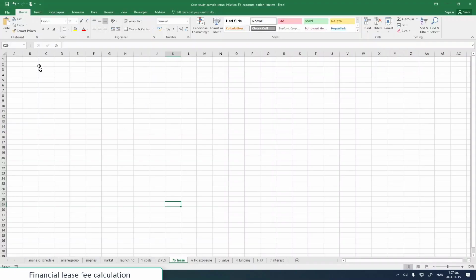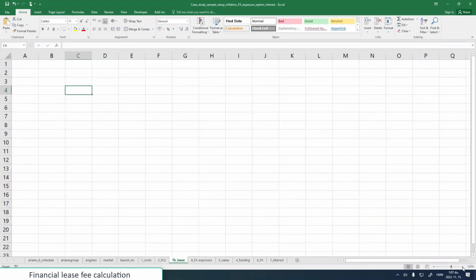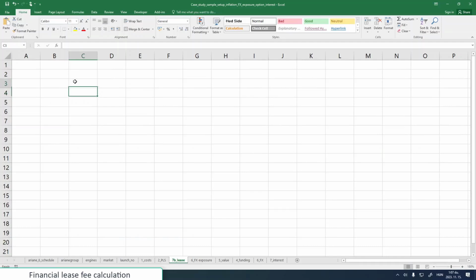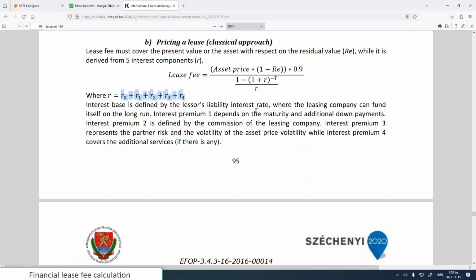So let's start the work. Discount rate for the lease contract, so 0, 1, 2, 3, 4, and they are referring to different things.